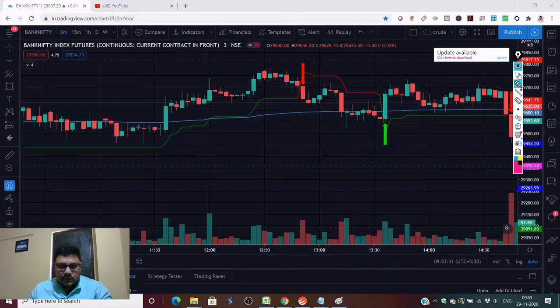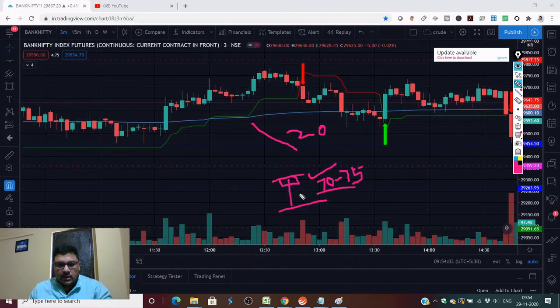So if you follow this one simple rule, that if I see any stock below the 20 period moving average and I see a candle forming like this, I will go long with my stop loss here. This has super good accuracy, and you will be right most of the time, at least 70 to 75% of the times.